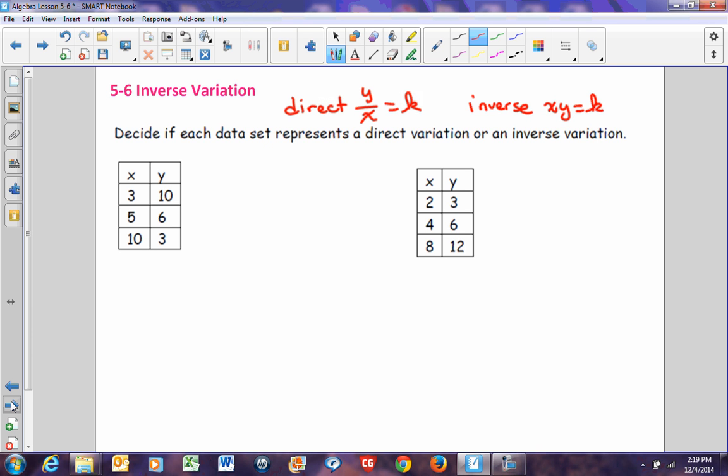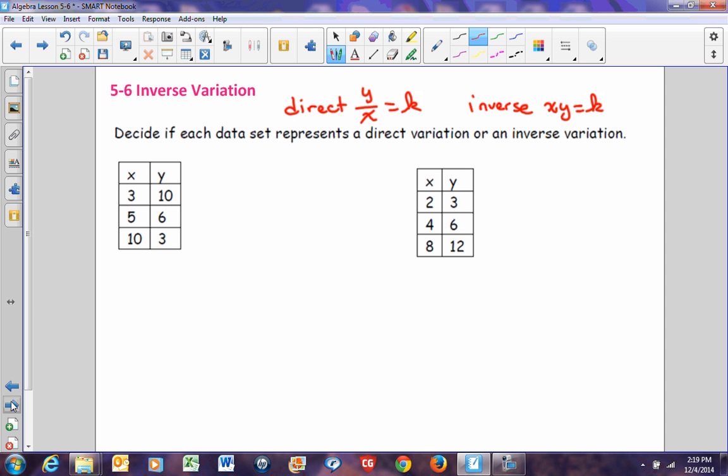So, if we're going to look at something, we're going to compare your x and y values. Remember, inverse variation, one value goes up, the other value goes down. In direct variation, one value goes up, the other value goes up. So it seems like they should be the same, where one value goes down and the other value goes down.